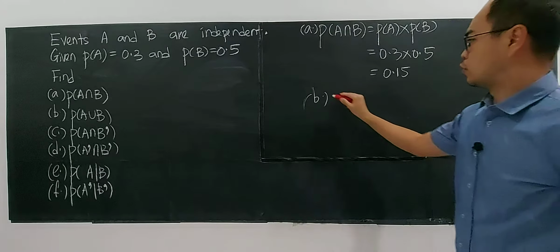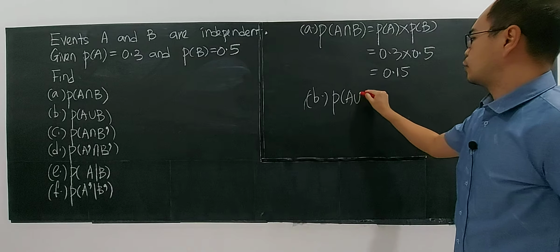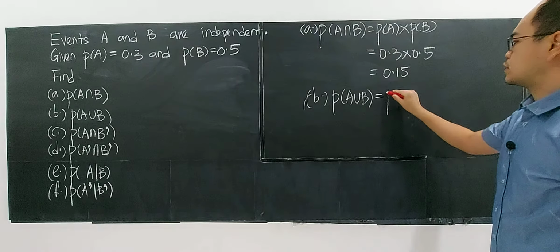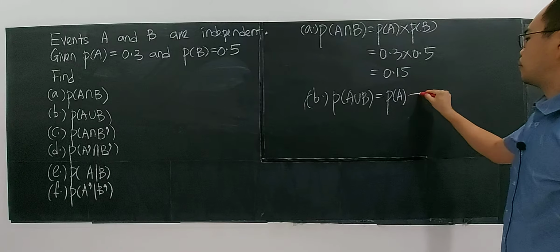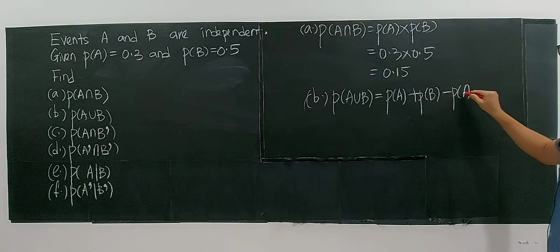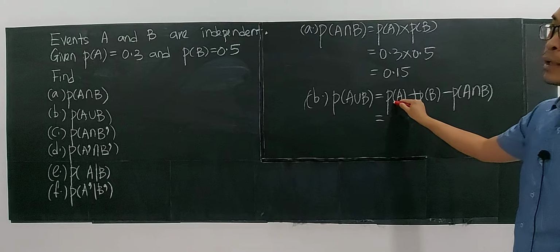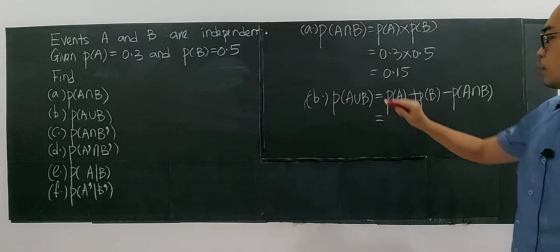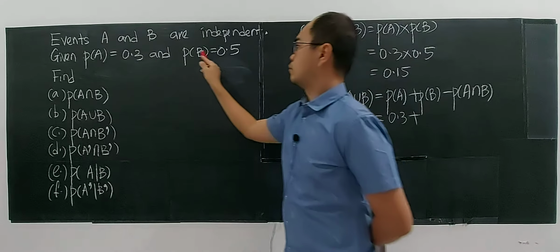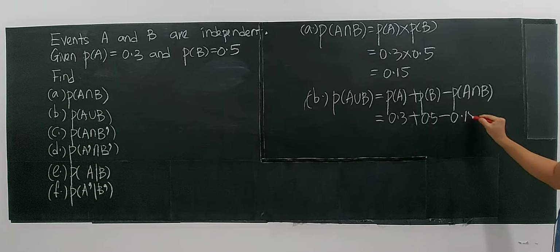So part B means the probability of A union B. We use the addition law of probability, which is probability of A plus probability of B minus probability of A intersect B. Probability of A is given to be 0.3, B is 0.5, minus 0.15 intersect.